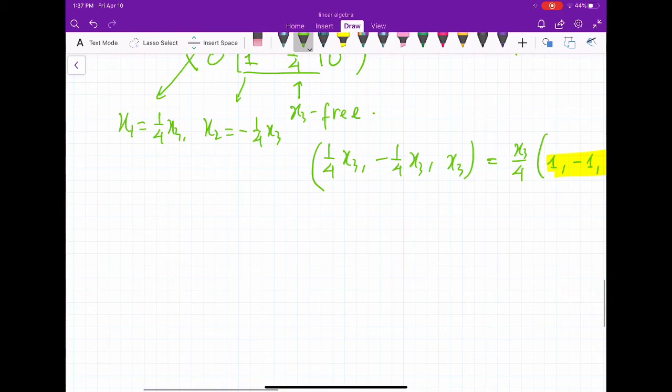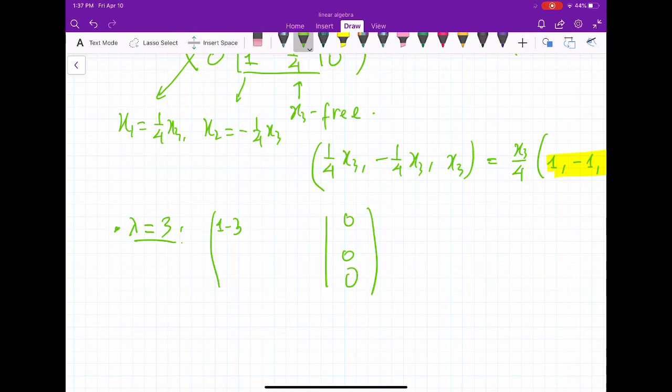Similarly, we can do for lambda equal to 3. I have to solve the following system: 0, 0, 0. And here I have 1 minus 3, -1, -1, 1, 3 minus 3, 1, -3, 1, -1 minus 3.